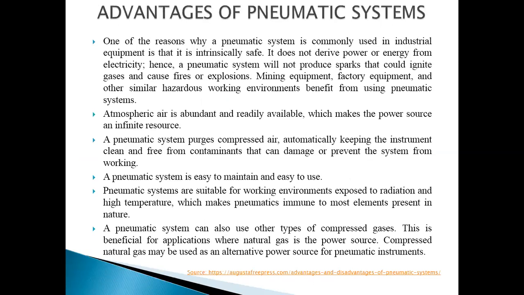Even in case of leakage, there is no chance of slippage or dirt. It does not derive power or energy from electricity. So a pneumatic system will not produce a spark that could ignite gases and cause fire or explosion. Mining equipment, factory equipment, and hazardous working environments are the main applications for pneumatic systems.